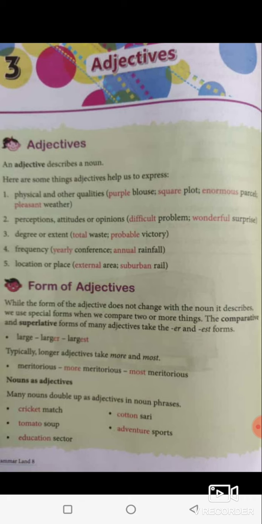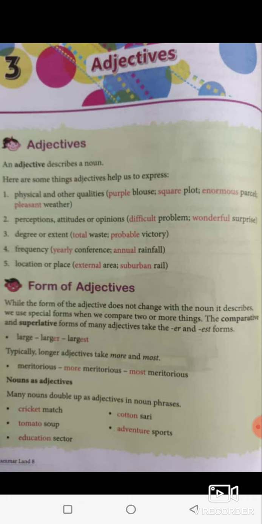Nouns as adjectives we are going to see. Many nouns double up. Sometimes nouns take the form of adjectives. In noun phrases it comes like cricket match, cricket may take both the place, noun as well as adjective. Cotton saree. Cotton may be used as a noun as well as adjective. Tomato soup.